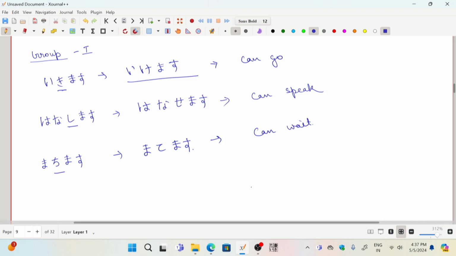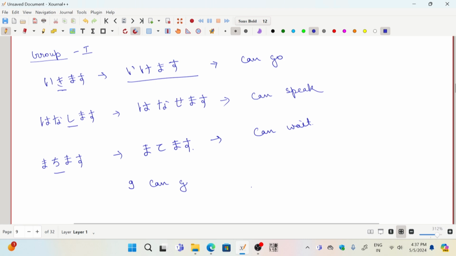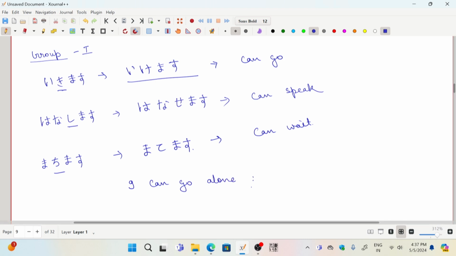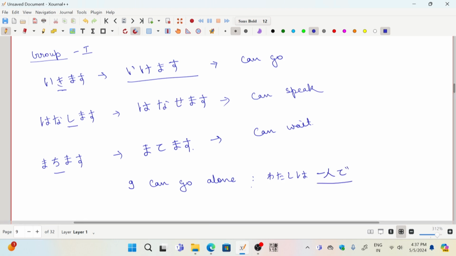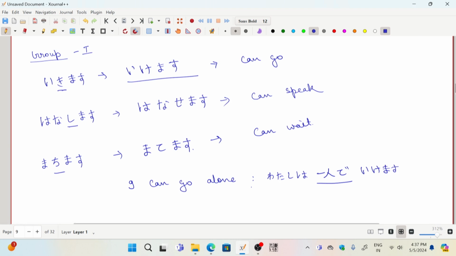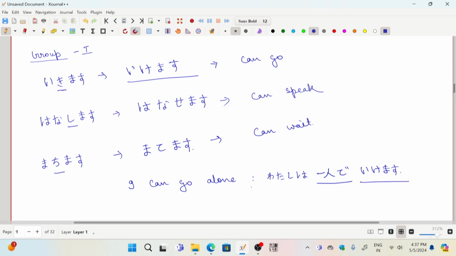So if I want to say I can go alone, I'll say watashi wa, alone is hitori de, can go is ikemasu: watashi wa hitori de ikemasu. So I can go alone.